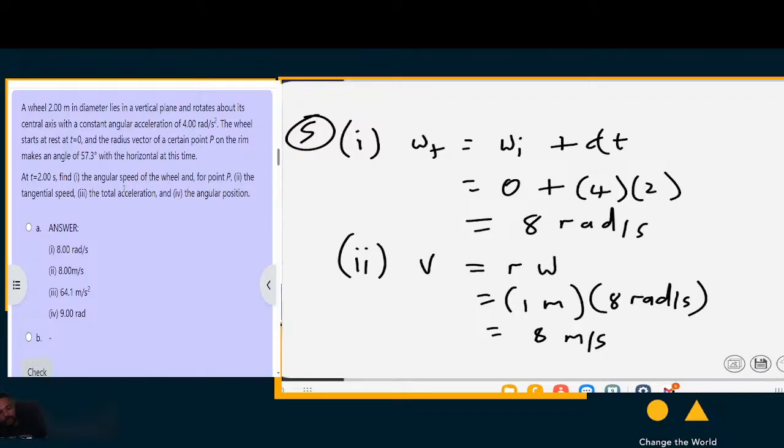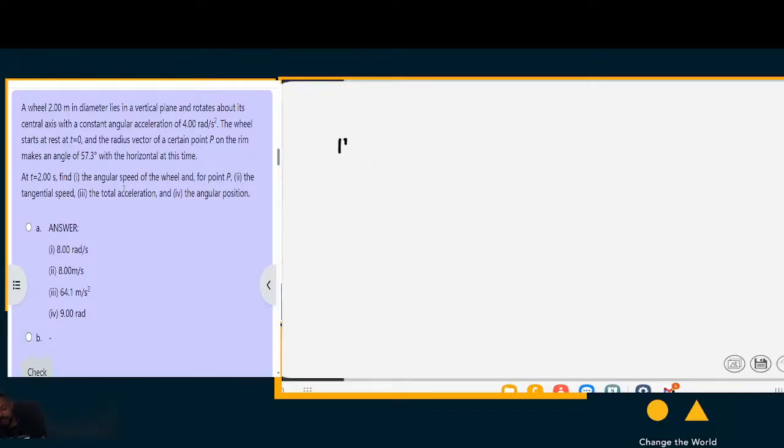So now question 3, part 3 of this question. So far it's relatively easy. They ask us for the total acceleration at t equals 2 seconds.